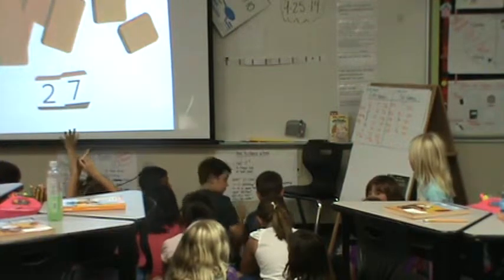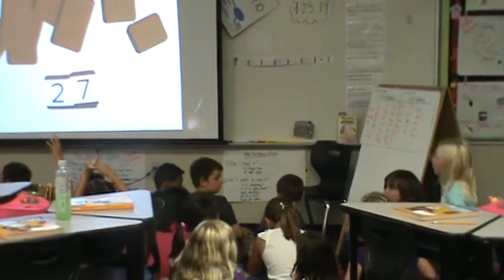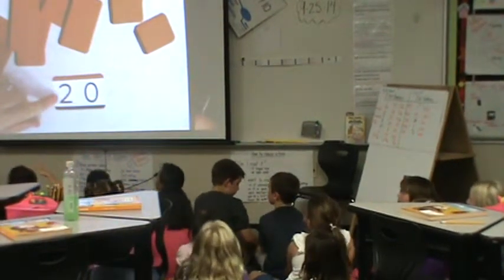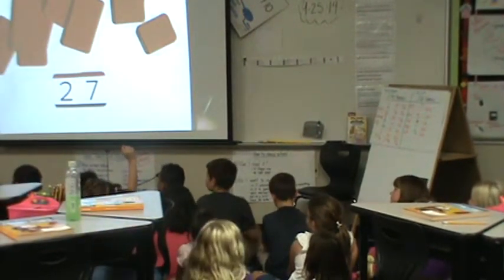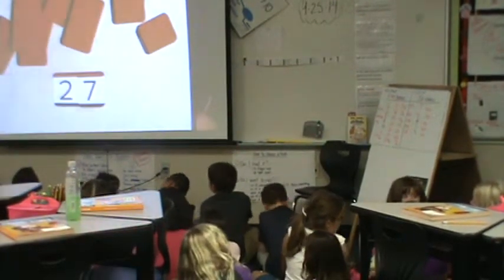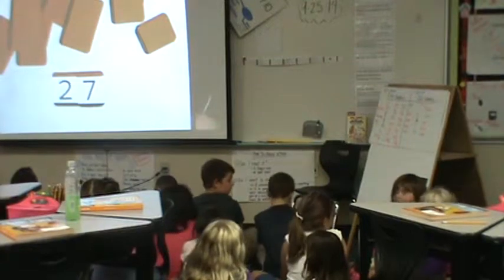Group, help her out. Kylie and Emma, you guys talk to her. Help her out. And I'm going to show you this. We started with 20, and then we add 7 more. Does that help you know which one is the tens and where the ones are?